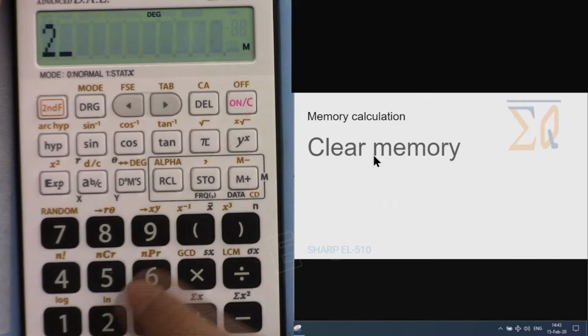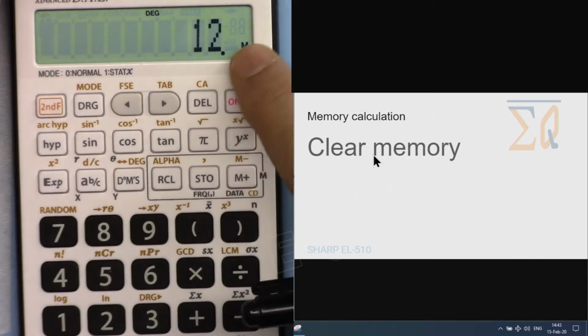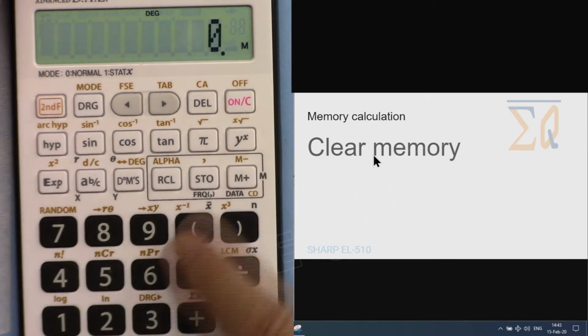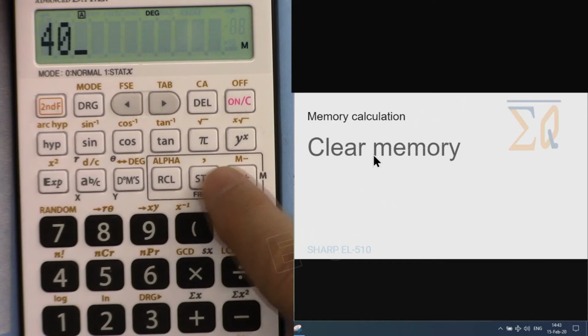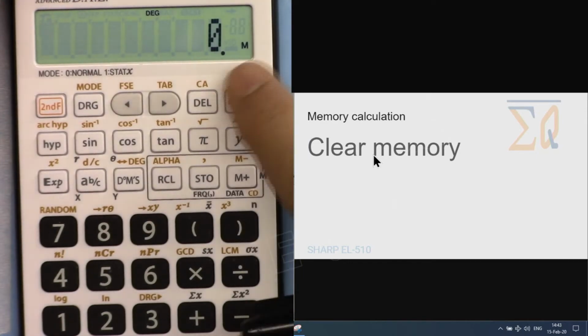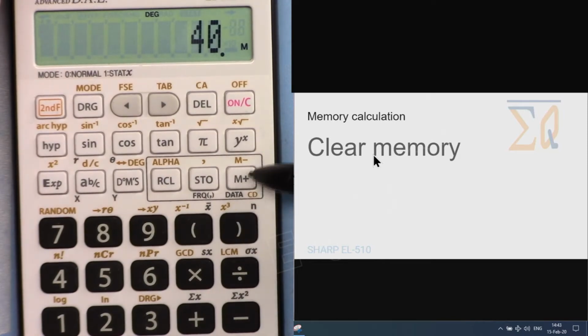Now if I add 2 plus this, add this, now if I recall it, it is 12. But if I have now 40 and then store M, this will not be added. It will be just 40. Recall M, that's 40. So store is replacing it, plus is adding it.